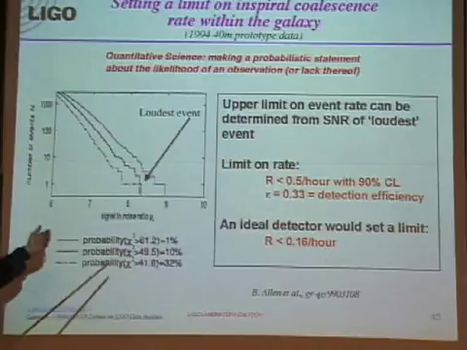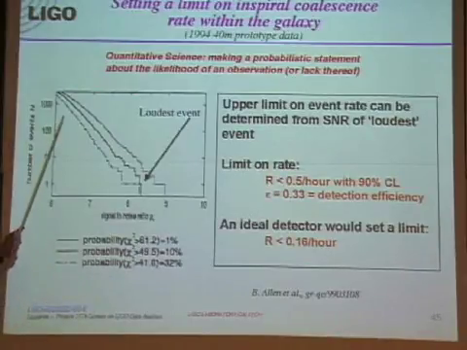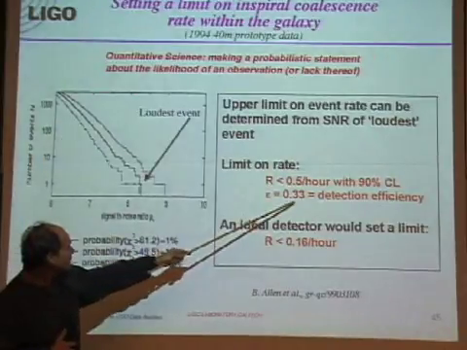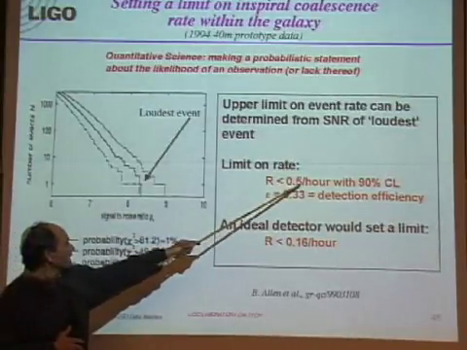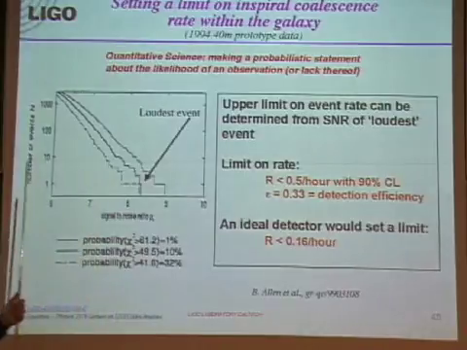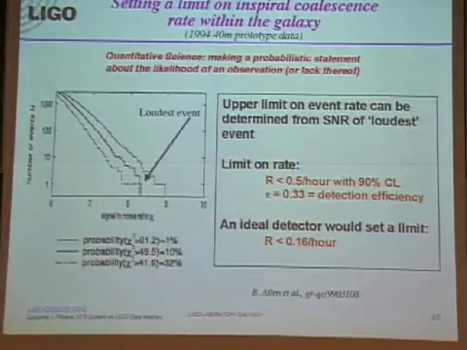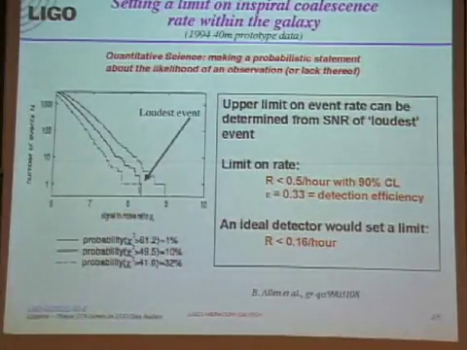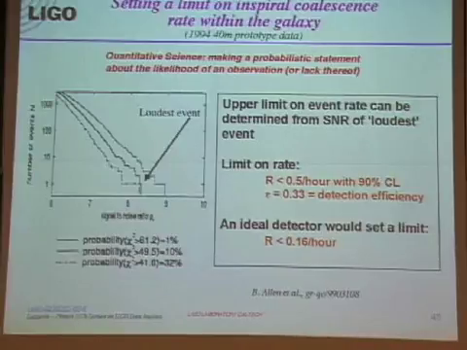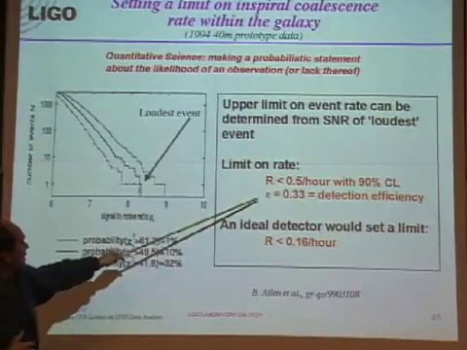And by doing a suitable analysis of the efficiency of the data analysis system, one concluded that for that particular analysis, with 90% confidence, the rate within our galaxy was less than a half per hour, which is nothing earth-shattering, since the real number here is expected to be of order 10 to the minus 6 to 10 to the minus 7 per galaxy per year.